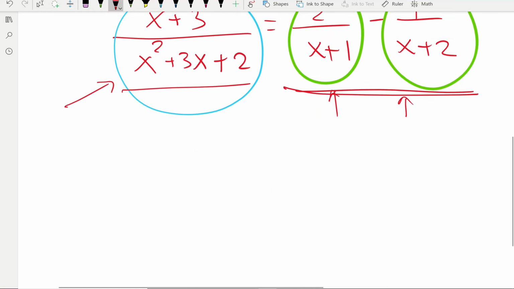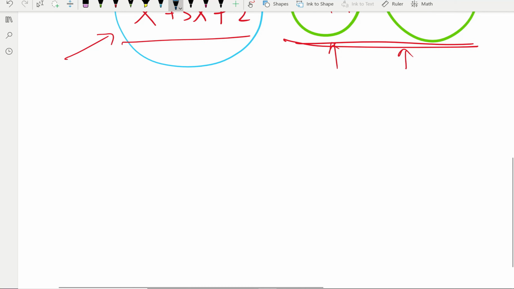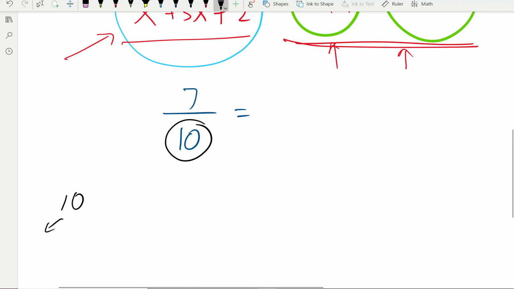All right, so how do you do this? Let me give you the gist of it. Think about a fraction. Let's take 7/10. Now break it down for me into two simpler fractions. Okay, it does not need to be two fractions, but for this case, let's say 2. Now how do we even start? That's the question. There are so many ways. The way we start here is we look at the denominator. That's the key. We look at the denominator and we look at its factors. So 10 can be divided by 2, can be divided by 5.